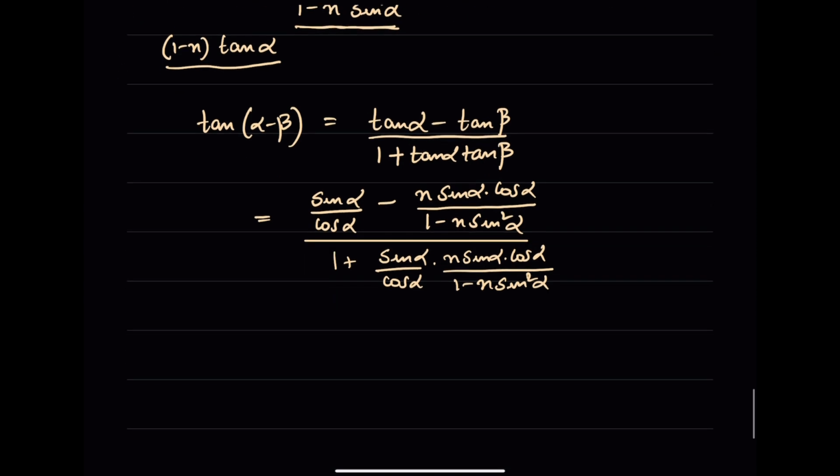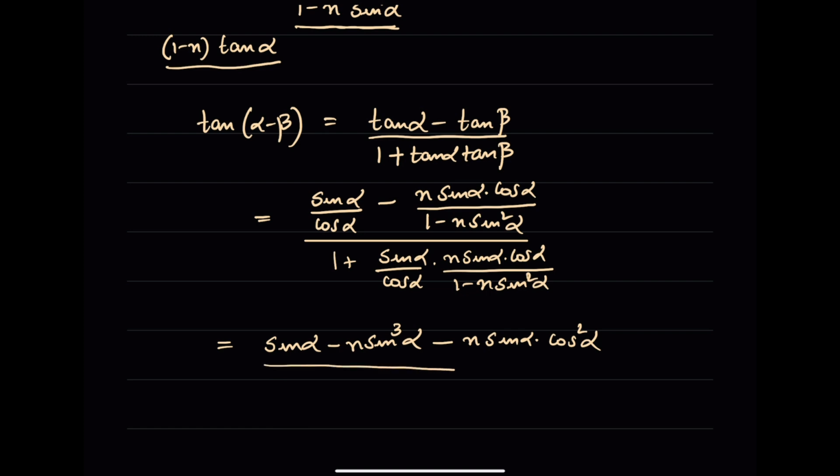Now let's solve for the common denominator. So the numerator would change to sin alpha minus n sin cube alpha minus n sin alpha cos square alpha, divided by cos alpha times 1 minus n sin square alpha.